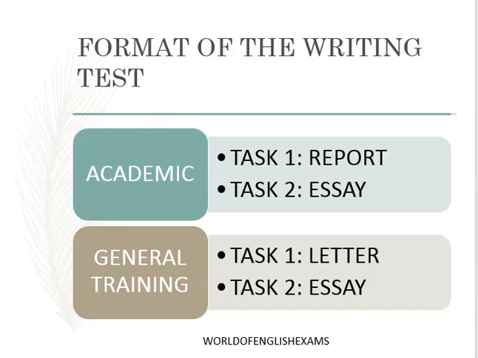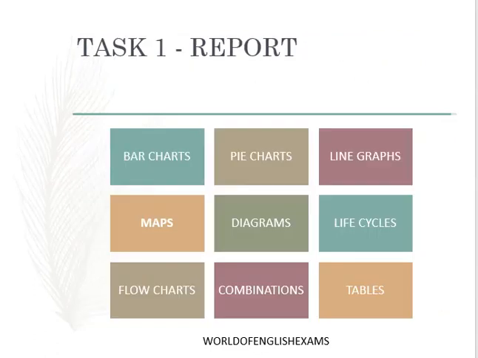Now let's see the various kinds of reports that you have to prepare before sitting for your main test. These are the various types of reports: bar charts, pie charts, line graphs, maps, diagrams, life cycles, flow charts, combinations, and tables.